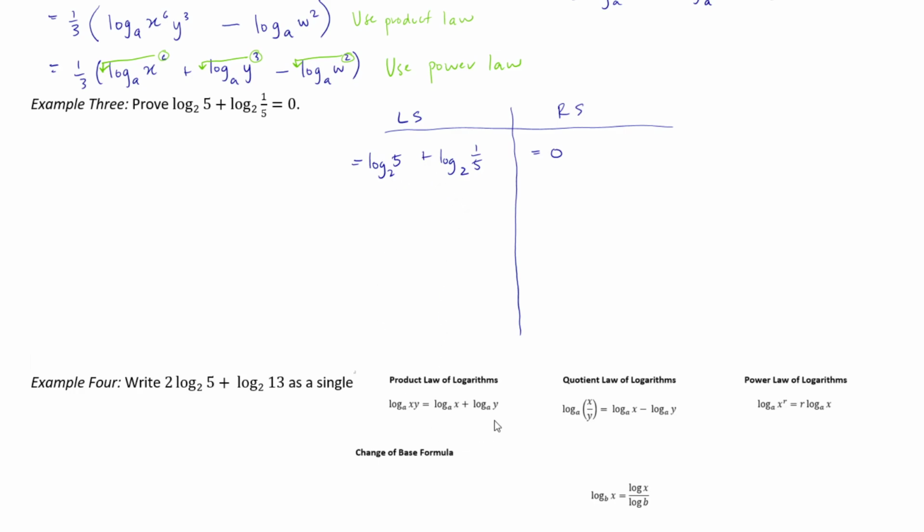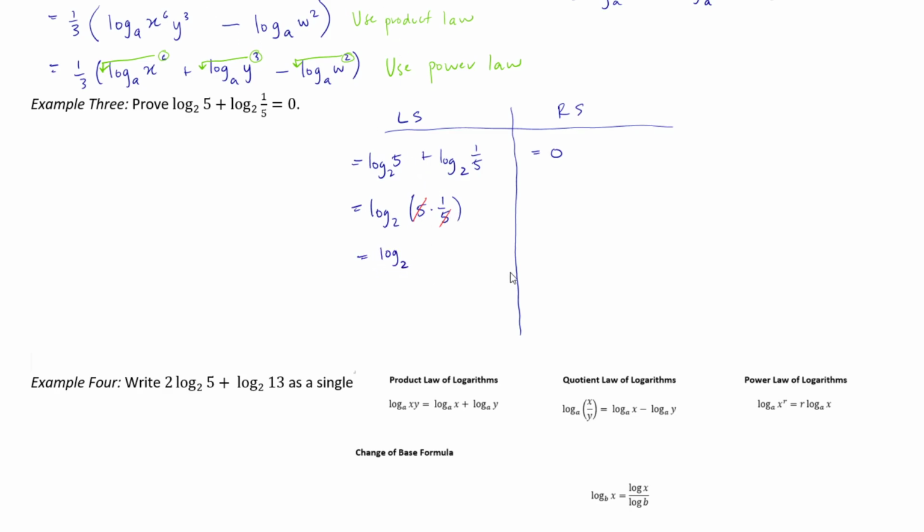Looking at my logarithm laws, I can see very clearly that that is a product law. So I'm going to change it from this addition back into multiplication. So then log base 2, and then multiplying these two numbers together, 5 times 1 over 5. Well, 5 times 1 over 5, the 5's cancel, and I'm just left with 1.